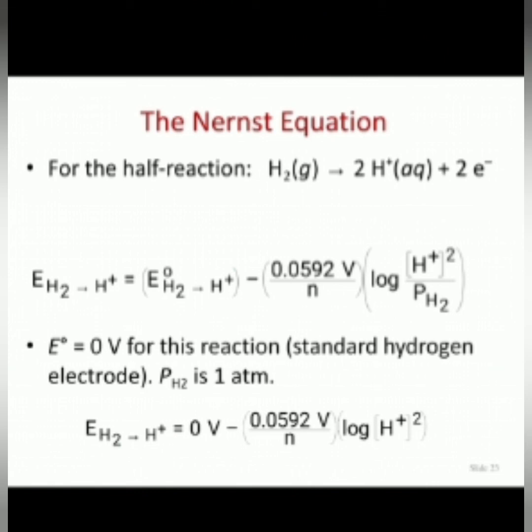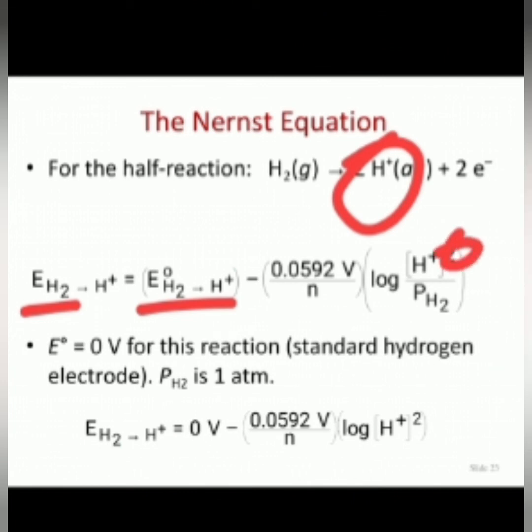The Nernst equation for the hydrogen electrode is E standard for hydrogen minus 0.0592 volt upon n log of the concentration of H plus ions to the power 2 upon the pressure of hydrogen gas. The standard cell potential is 0 volt for this reaction, and for the standard hydrogen electrode the pressure of hydrogen is 1 atmosphere.